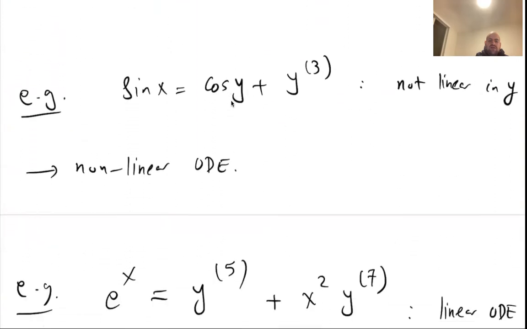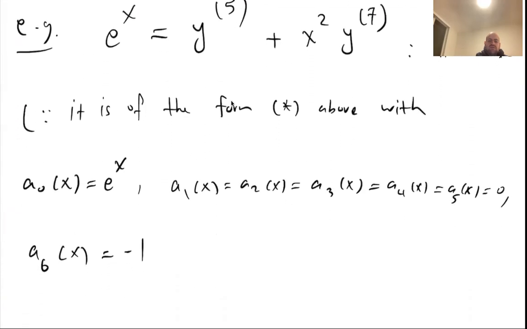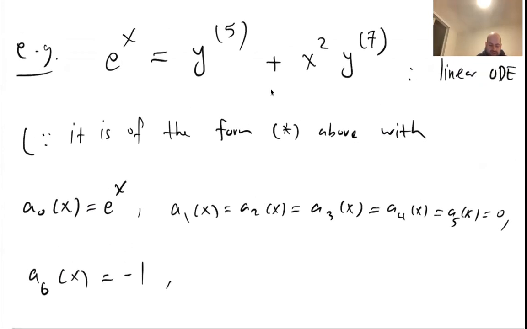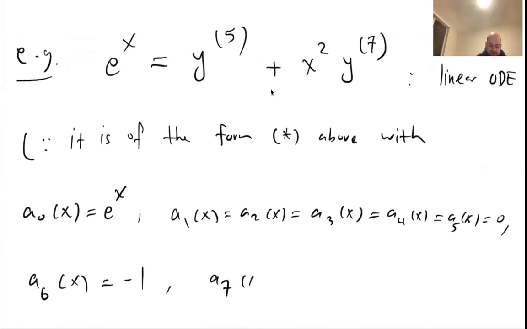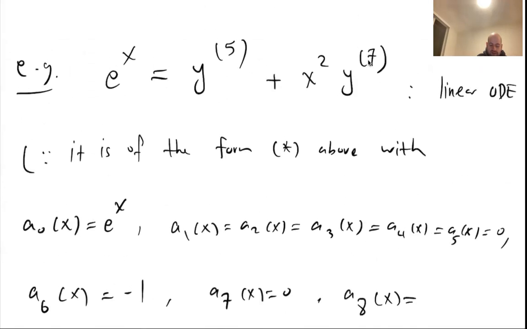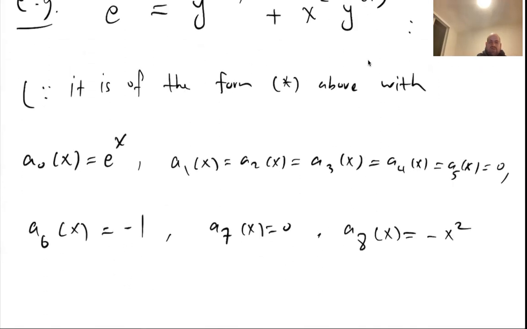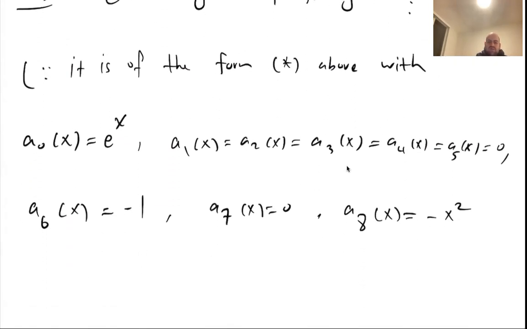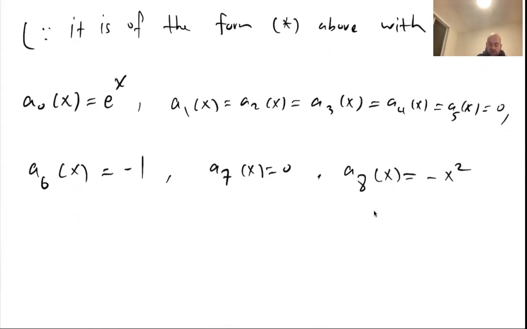So a6 of x, that's why I said it's -1. The coefficient of y sixth derivative will be a7, which is 0 because there is no y sixth derivative here. The coefficient of y seventh derivative is a8. That is going to be minus x squared, because again, I'm taking everything to the other side. So this becomes minus x squared, y seventh derivative. So a8 of x is minus x squared.